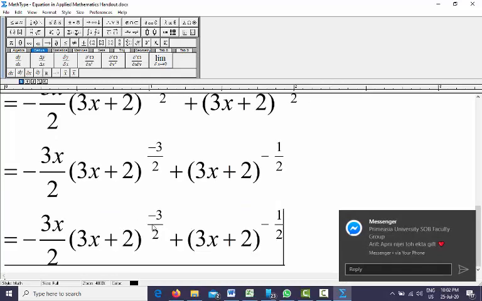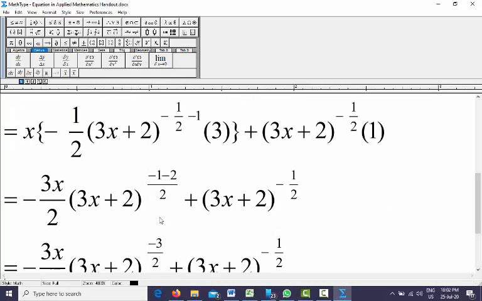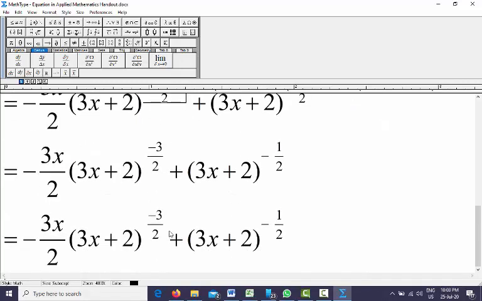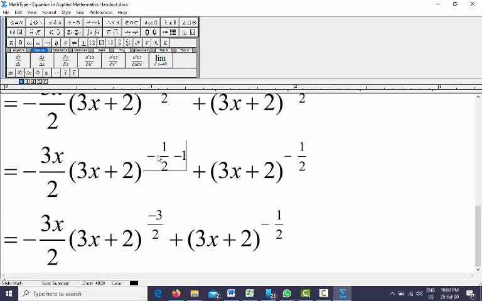We can see here minus 3 by 2 is like minus half minus 1. So minus half minus 1. Actually it would have been much better if you keep it like that, instead of solving it. You will easily understand if I keep it like that. It will be much better if you don't calculate it.